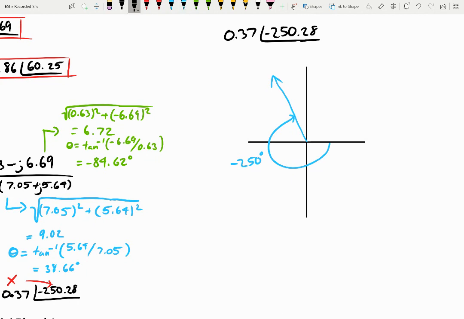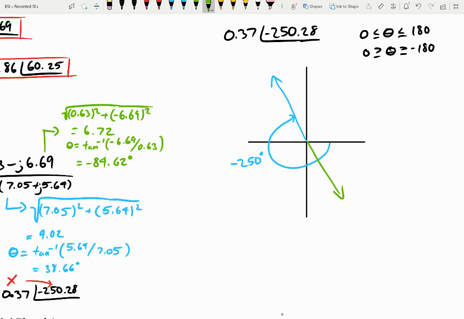But remember, like I said, we're trying to keep it between 0 and 180, or 0 and negative 180. Because this is outside of that range, all we have to do is draw the line this way.